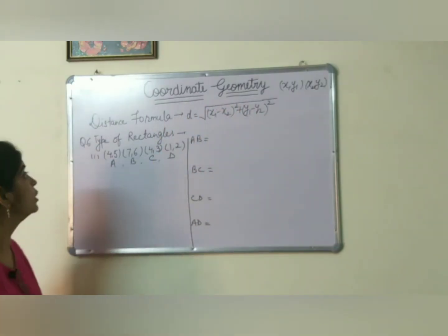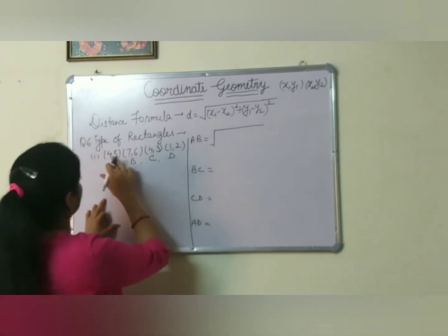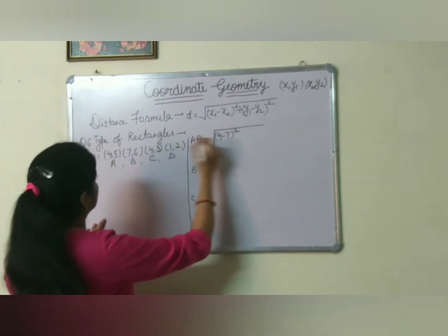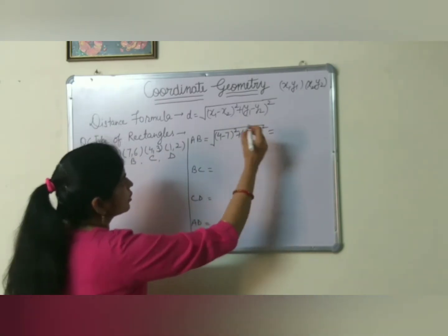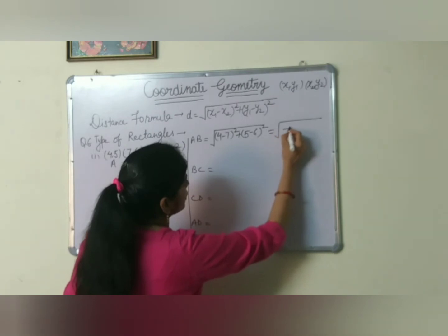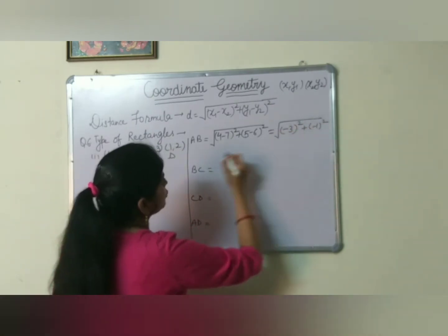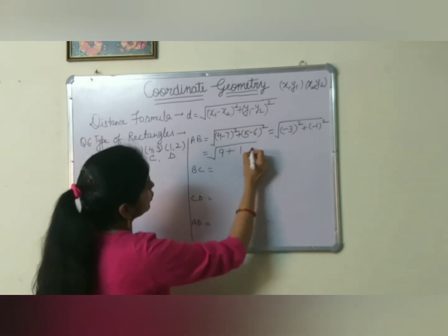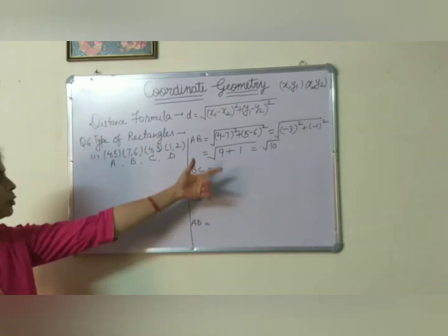AB is equal to 4 minus 7 whole square plus 5 minus 6 whole square. It is equal to minus 3 whole square plus minus 1 whole square. It will be 9 plus 1, and it is equal to under root 10. First side AB is under root 10.